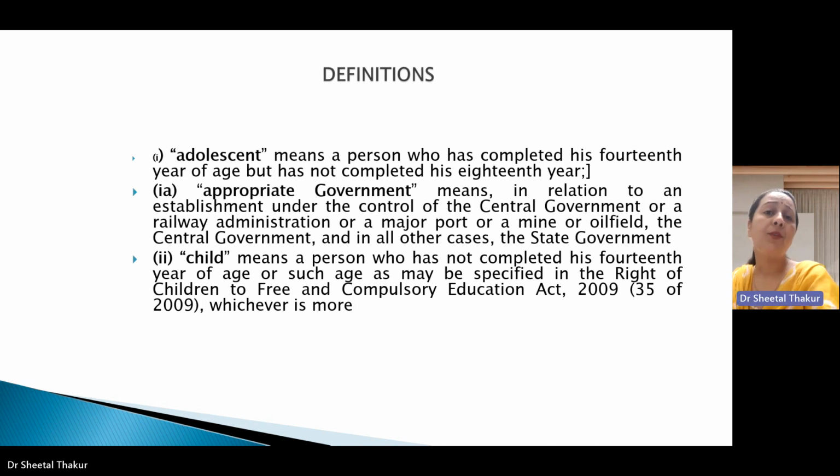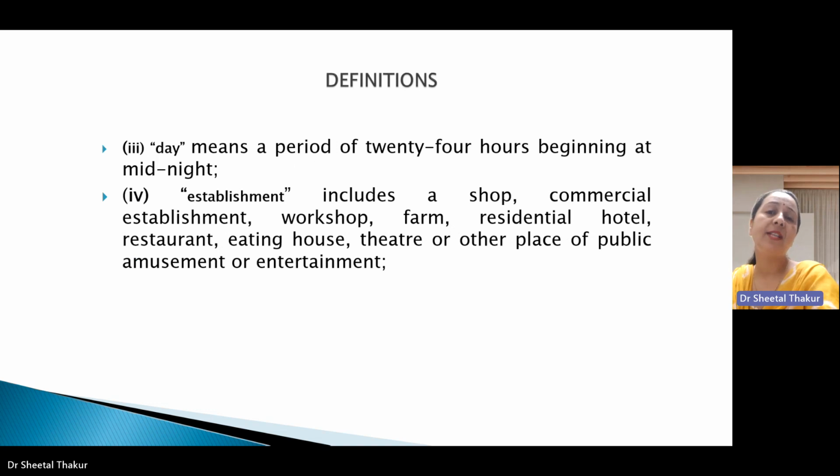To sum up, the minor has been classified under this act in two categories: number one is child and number two is adolescent. A child is a person who is below the age of 14 years, and a person who has completed the age of 14 years but has not completed the age of 18 years will be deemed to be an adolescent as per the provision of this act.